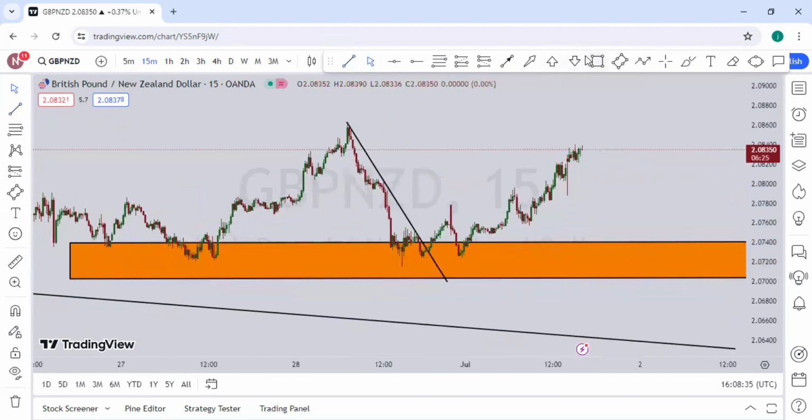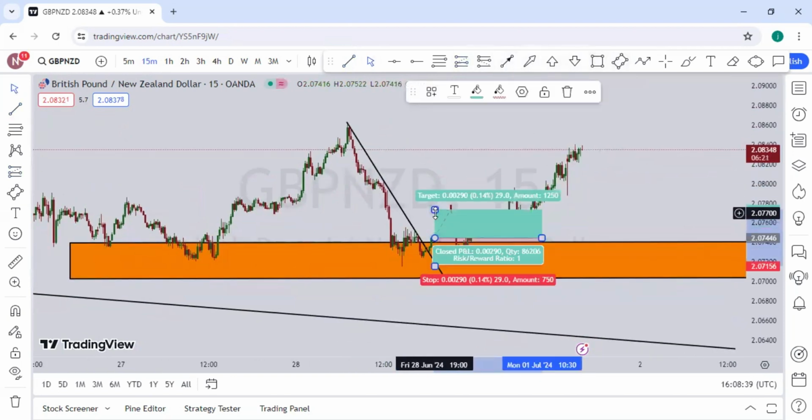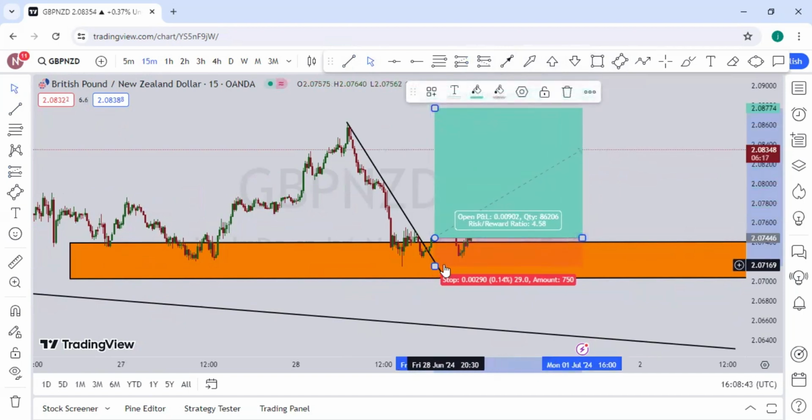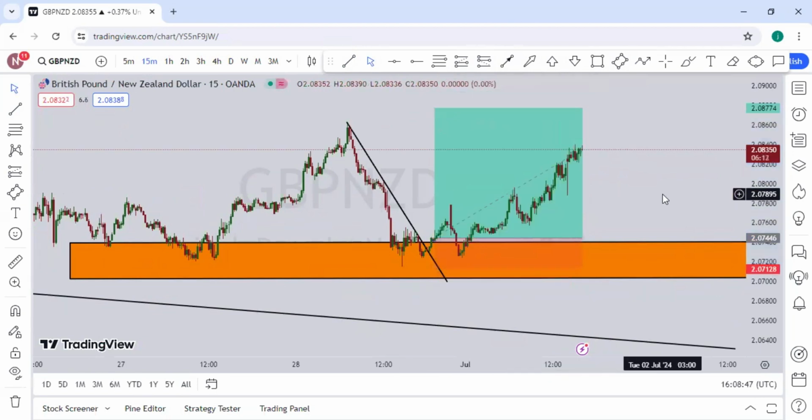You can see this trade could have been played very well if I entered here.